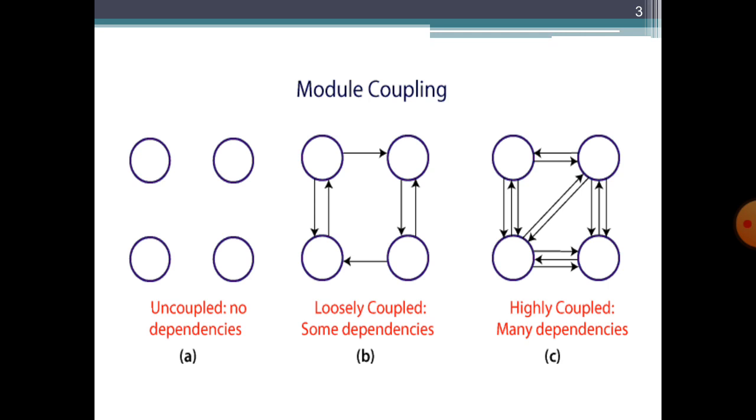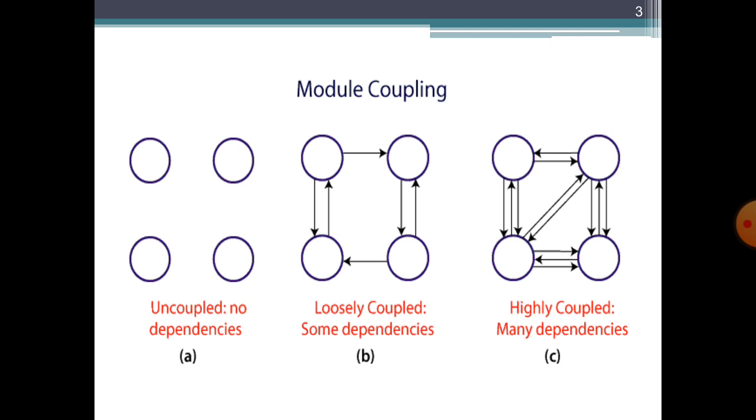In module coupling, in software engineering, coupling is basically the degree of interdependence between software modules. Two modules that are tightly coupled are strongly dependent on each other. However, two modules that are loosely coupled are not much dependent on each other.